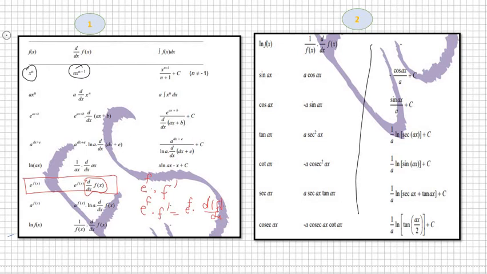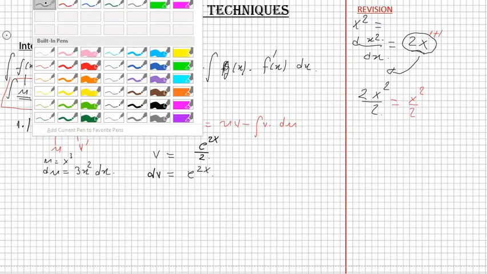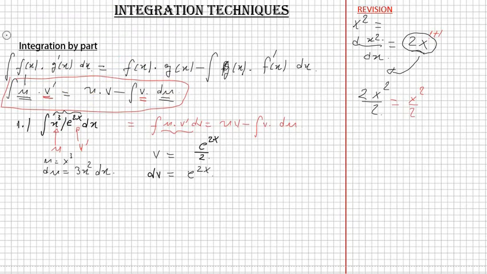But if you go back to the question that we are dealing with, the exponent is 2x plus 0. So if we derive 2x plus 0, we are going to get 2.